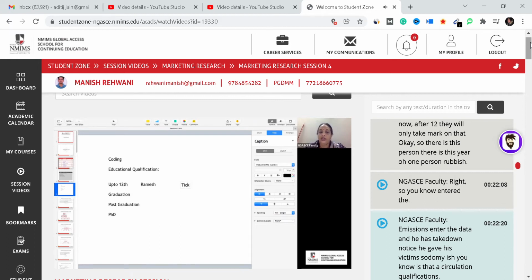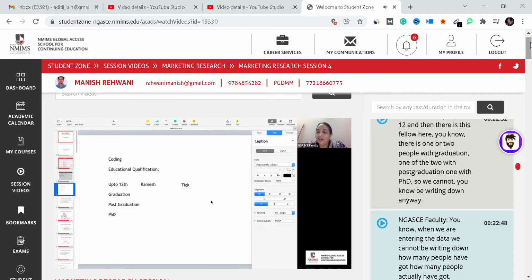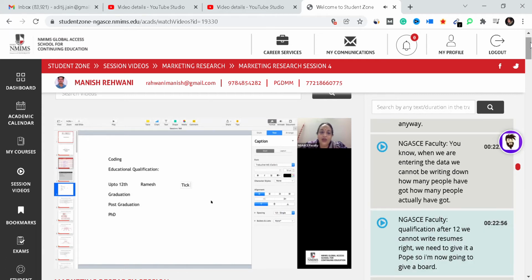So Ramesh's educational qualification is up to 12. Then there is one or two people with graduation, two with post-graduation, one with PhD. When we are entering the data, we cannot be writing down how many people have qualification up to 12. We cannot write Ramesh there, right?